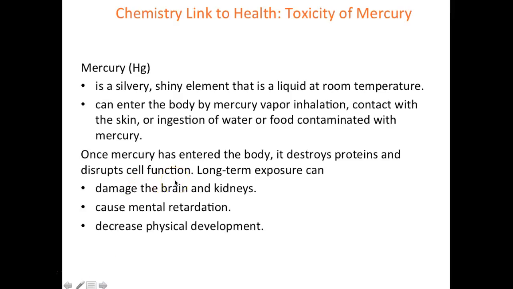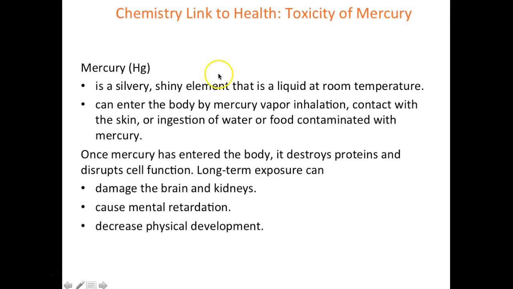So, the toxicity of mercury. This is just a chemistry linked to health. Long-term exposure to mercury can cause organ damage, especially to the brain and kidneys, mental retardation, and deformity or a decrease in physical development.